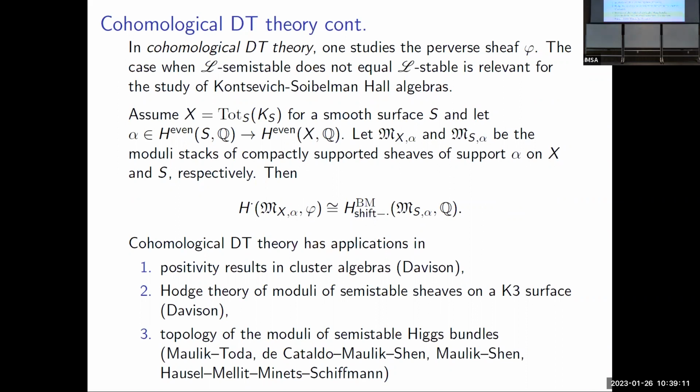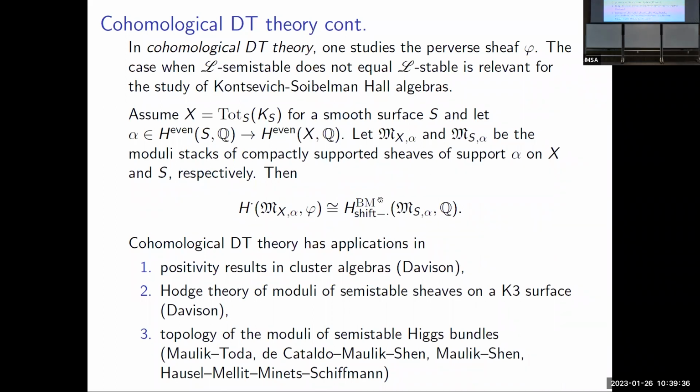More work of Davison showed certain positivity results about the quantum cluster algebras. Also, as I said, the Borel-Moore homology of objects on the surface is kind of complicated because this stack is very singular. But by work of Deligne, it has a mixed Hodge structure.